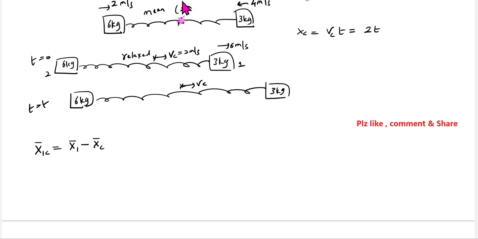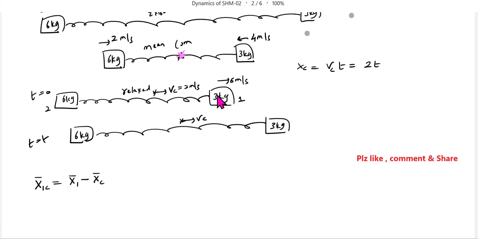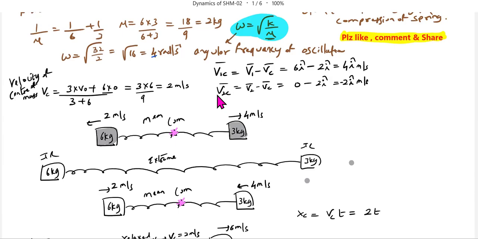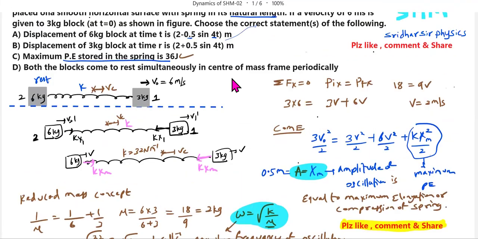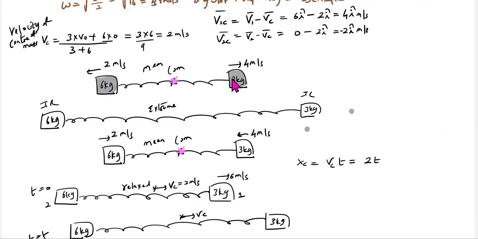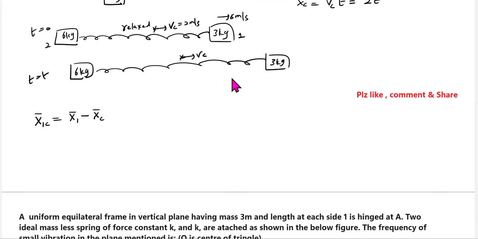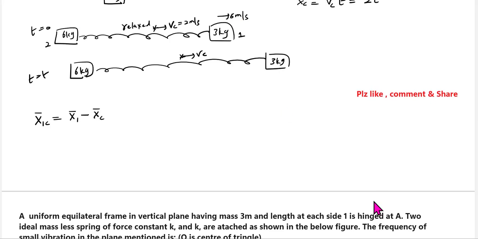Then with respect to center of mass, how much will it move? The displacement of the block at instant of time t is being asked.